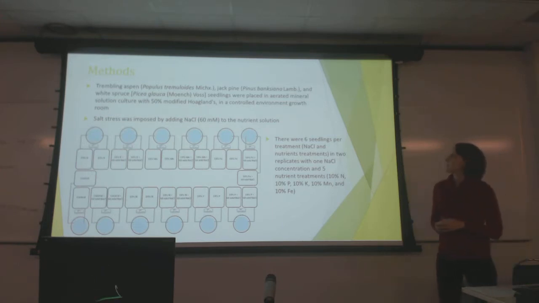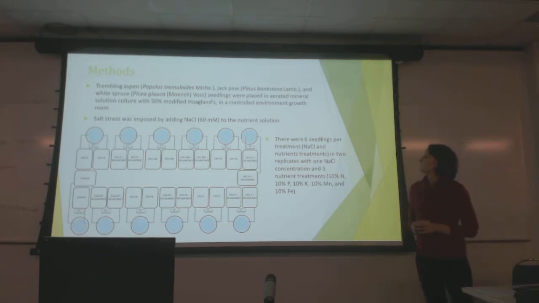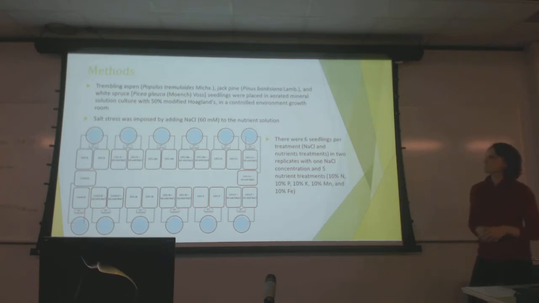Trembling aspen, jack pine, and white spruce seedlings were placed in a hydroponic system inside a grow chamber room. The salt stress was imposed by adding sodium chloride at a concentration of 60 millimolar to the nutrient solution.